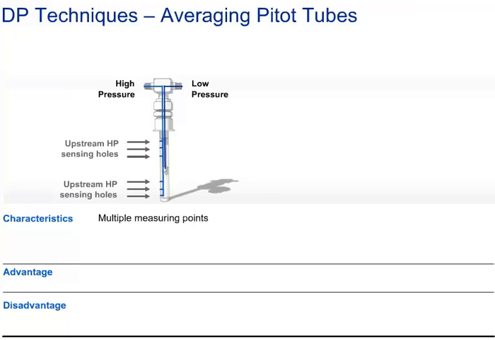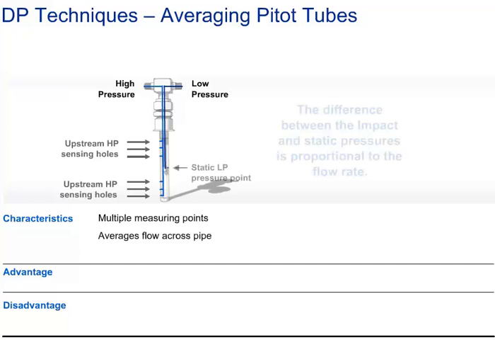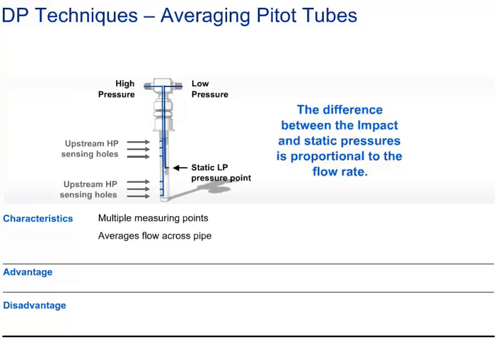A separate hole, not facing into the flow stream, effectively measures the static pressure alone. The averaging removes the requirement to perform a traverse across the flow profile. The difference between the impact, high, and static, low pressures is proportional to the flow rate.